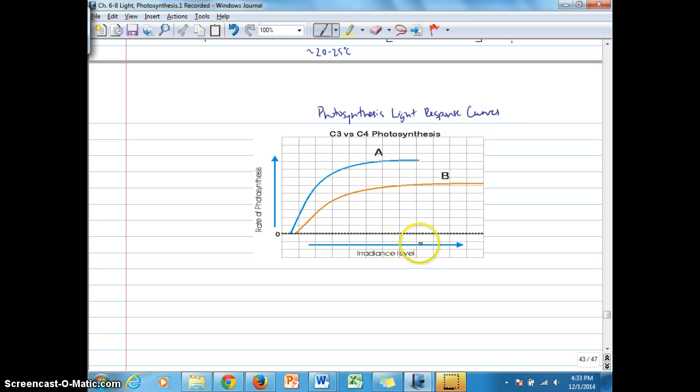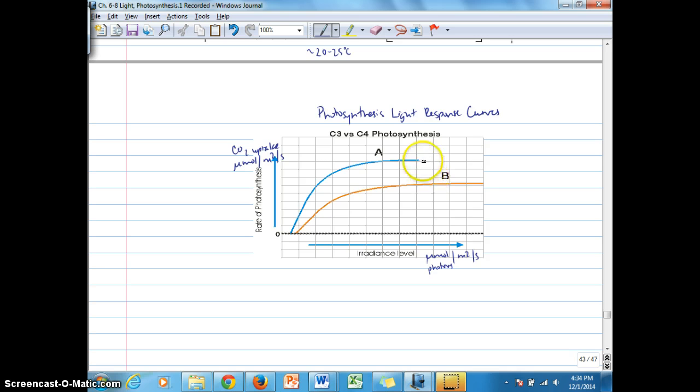So we're looking at a radiance level. Remember, this is light in micromoles per meter square per second, micromoles of photons, versus a rate of photosynthesis, and this perhaps could be CO2 uptake, micromoles of CO2 per meter square per second.